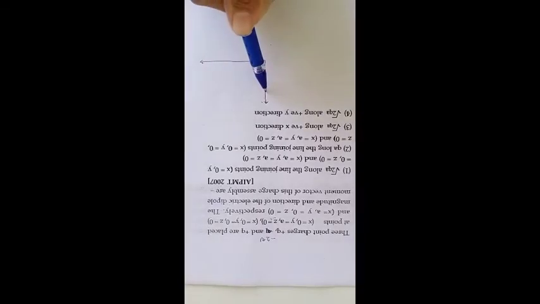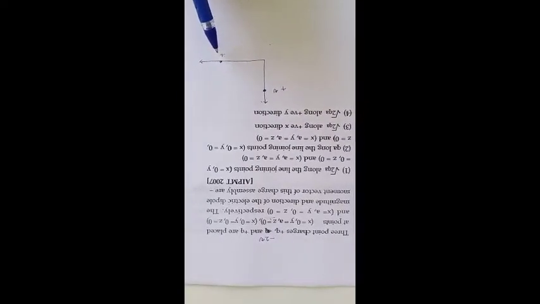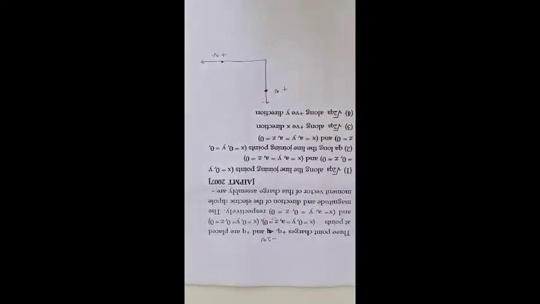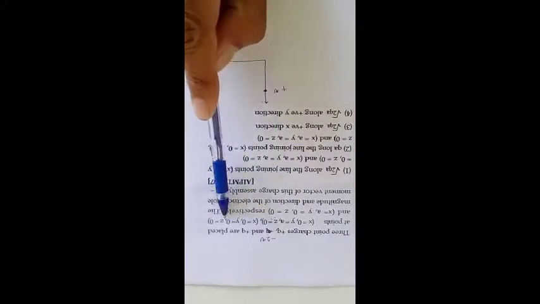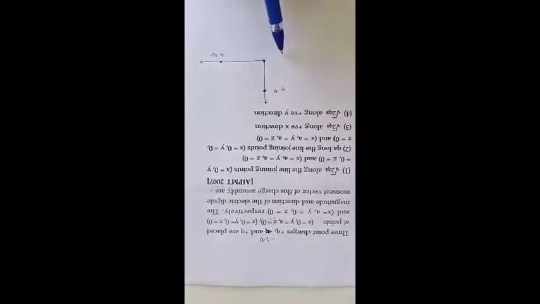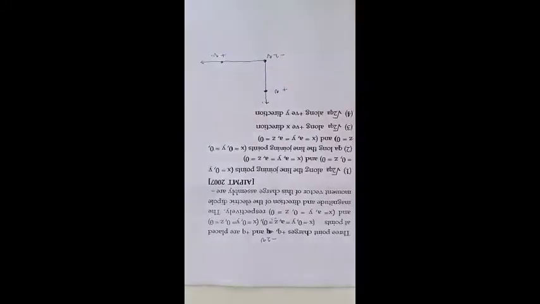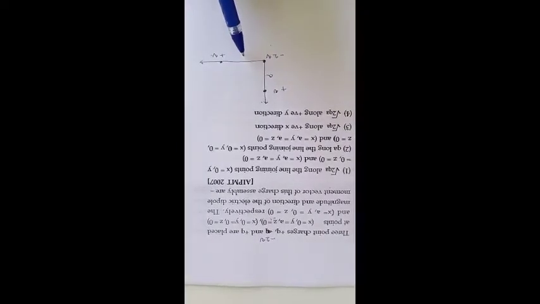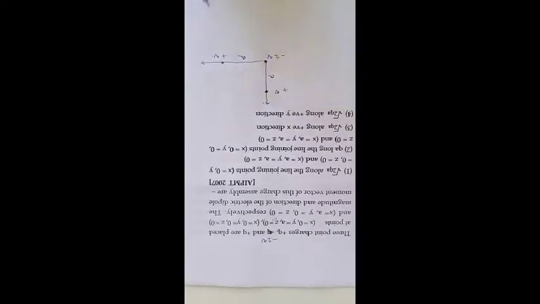One Q is placed here, one Q is placed here, and minus 2Q is placed at the origin, x0, y0, z0, like this. This distance value is a, and this distance value is also a.